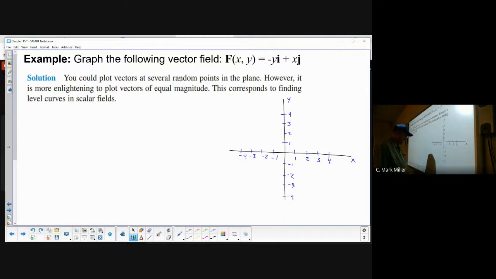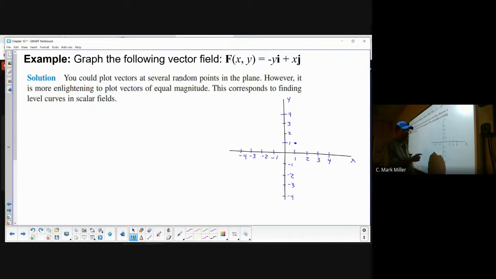Let's take a look at the point, say 1, 1. At this point right here, 1, 1, the x-coordinate is 1, the y-coordinate is 1. So the vector that's going to be there is going to be minus 1 in the i direction.